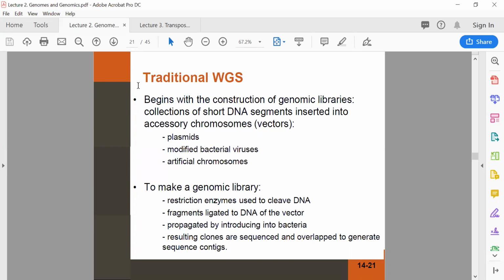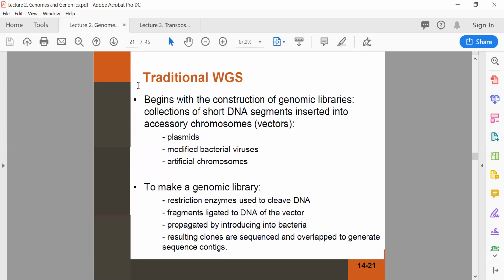Some of these restriction enzymes cut the DNA at many places, other enzymes cut the DNA at fewer places, at different sequences, but overall restriction enzyme cutting generates small DNA fragments with overhangs, those sticky ends that we've also learned about in living systems.